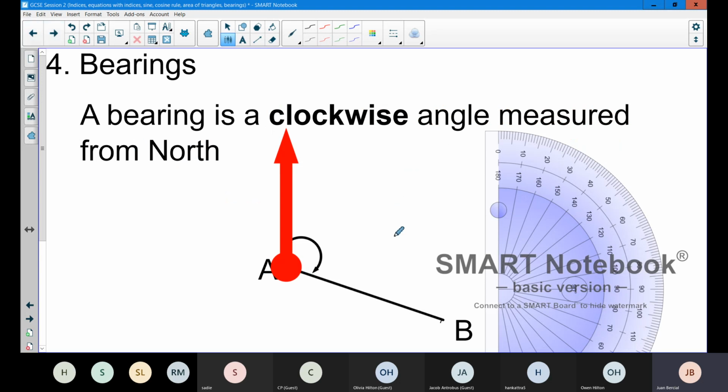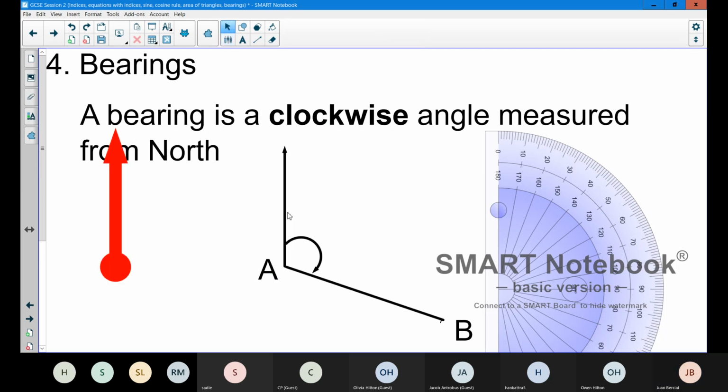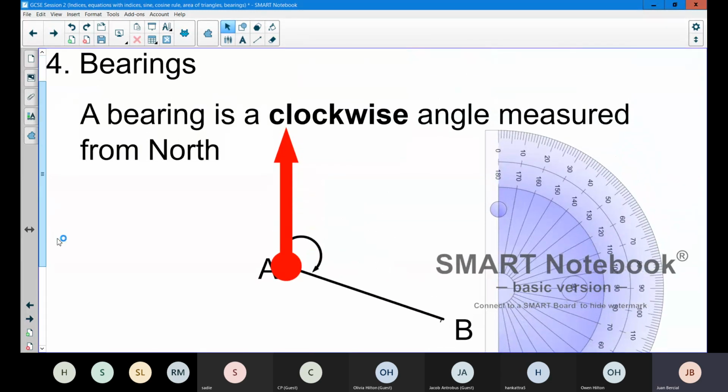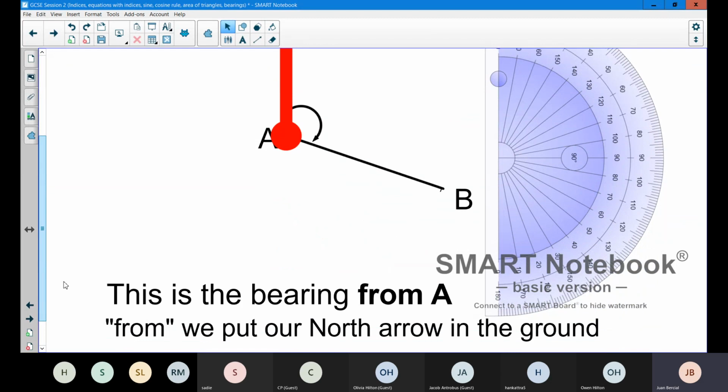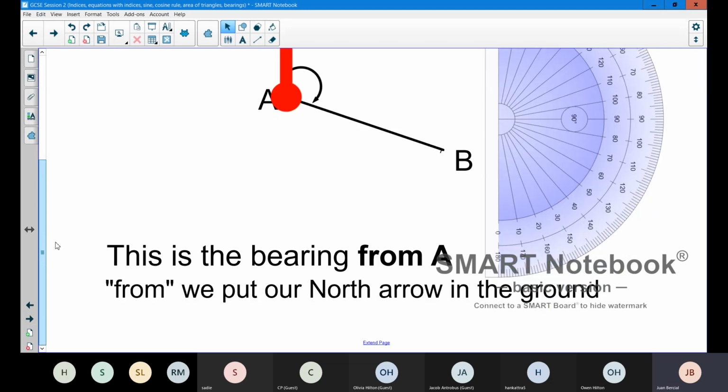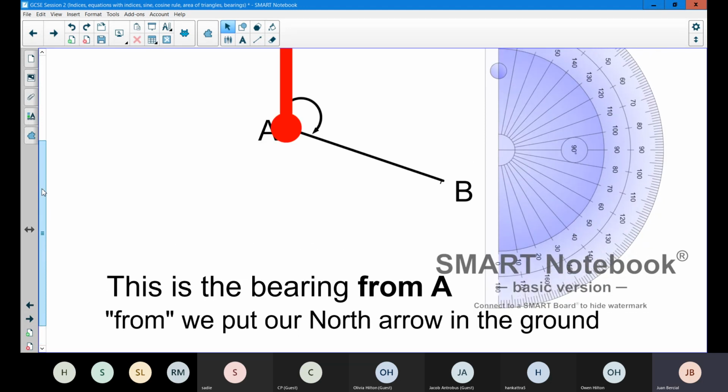So finally, the other thing that people were asking me about is bearings. A bearing is a clockwise angle from north. When they tell me it's a bearing from A, we put the arrow in the ground, almost like we're putting something in the ground.